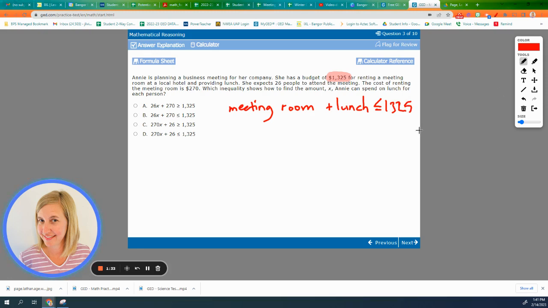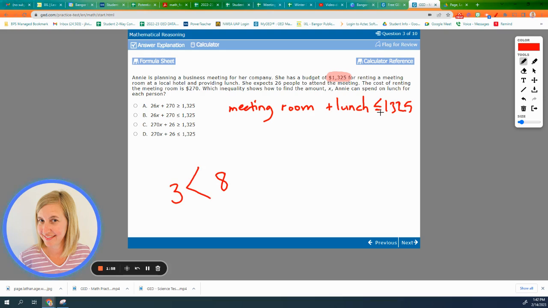Now, let's talk about this less than or equal to. When you're given a budget, it's a maximum amount you can spend. You can spend exactly that amount, or you can spend less than that, but you cannot spend more. So that's where this less than or equal to symbol comes from. And hopefully you remember the greater than and less than symbol.